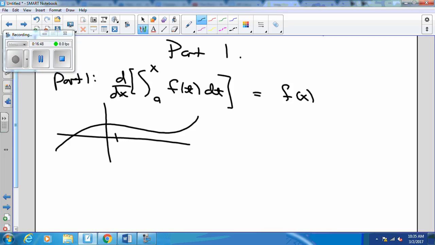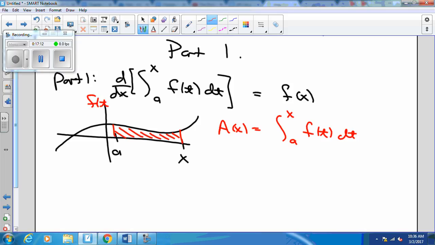If I have an area function that gives me the net signed area from here to here, so A computes the area in red, then asking about the rate of change of A is asking how quickly am I adding area as x increases?